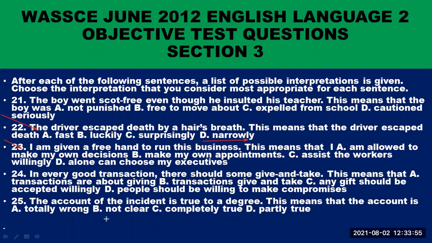Now, what does it mean to be given a free hand? Again, you can see that the combination of words here can give us some context clue.